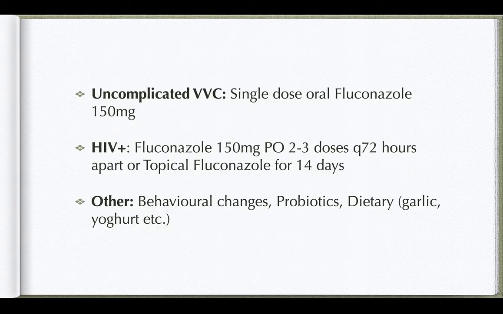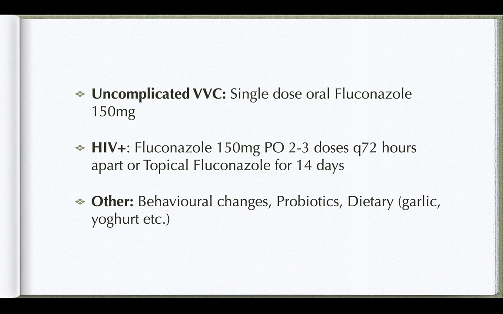So uncomplicated vulvovaginal candidiasis should be treated with single dose oral fluconazole of 150 milligrams. After you have given this to your patient, you need to remind them that it will only take effect within 48 hours, and in that time you can prescribe a topical corticosteroid to provide relief until the oral fluconazole takes effect.